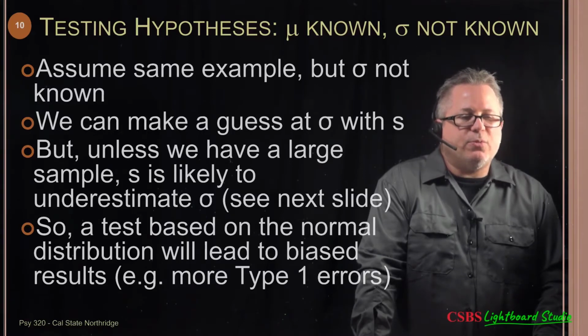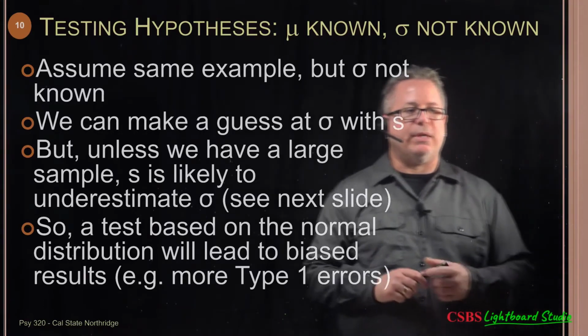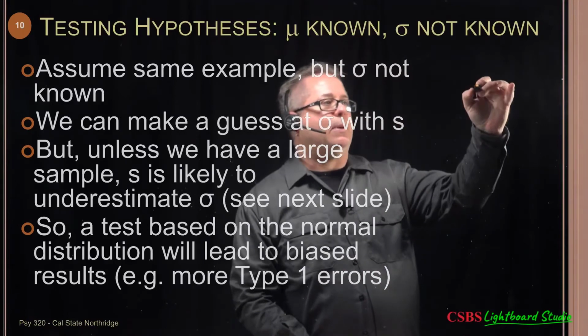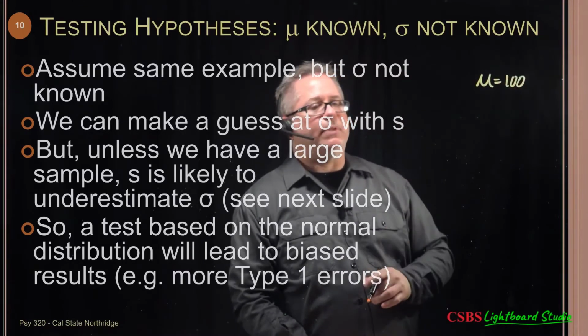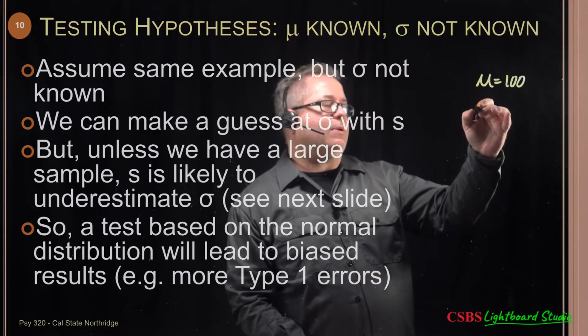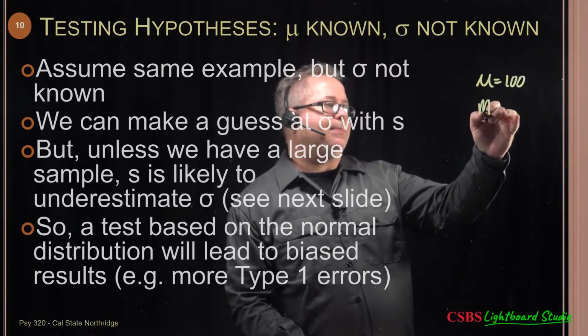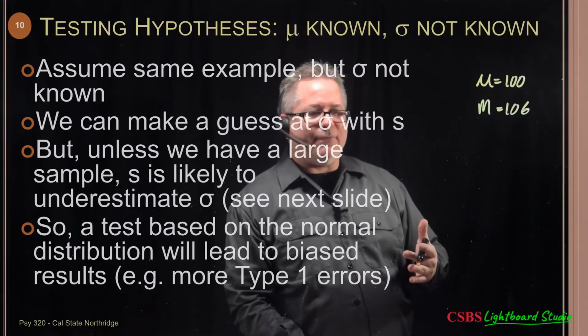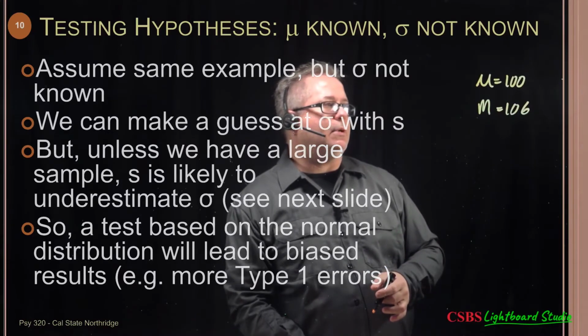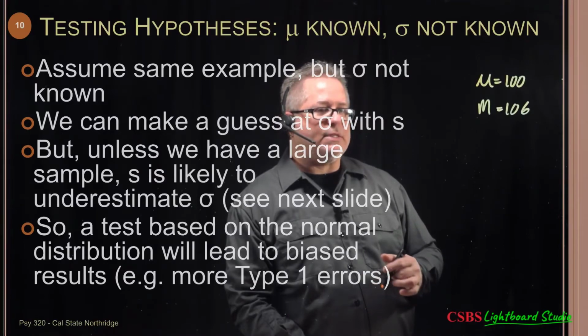So let's assume our same example. In our same example we know that the population mean for IQ is 100. We can still assume that. We can still assume that our sample mean is 106. But now we don't have the population standard deviation, that sigma, we don't know.